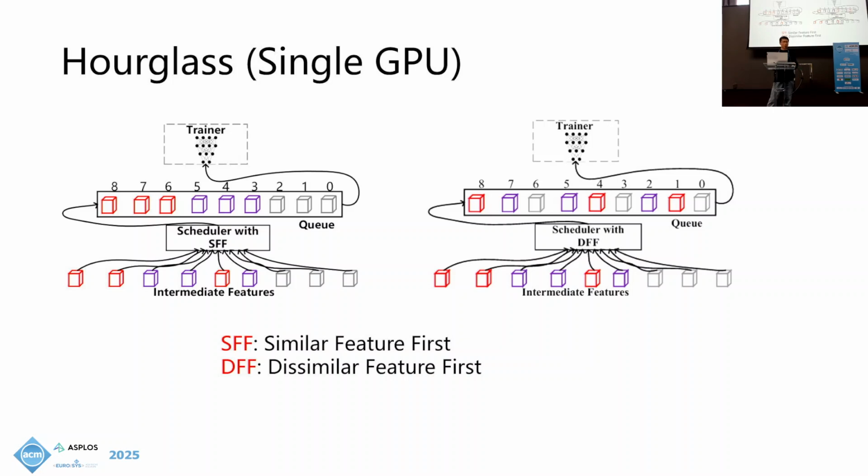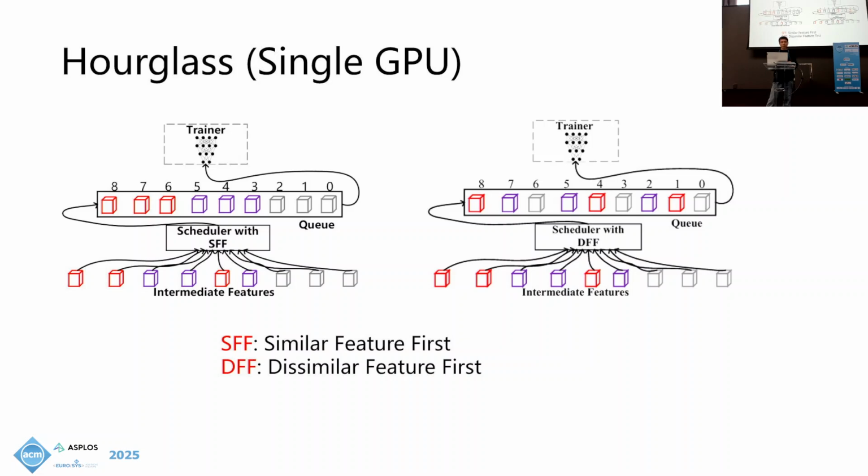Basically, the naive way is to randomly select the intermediate features, but that is not our contribution. For DFF, looking at the right image, we try to make dissimilar features closer. We ran experiments and found that the performance of DFF is better than SFF.